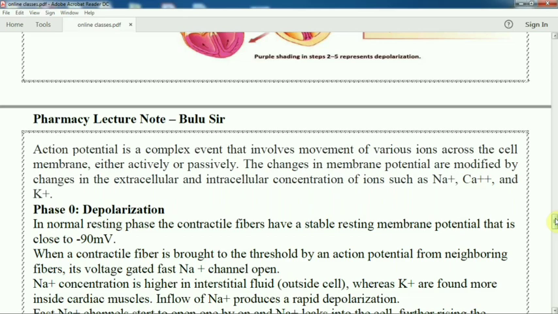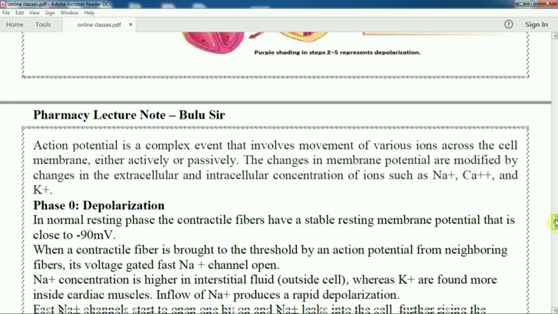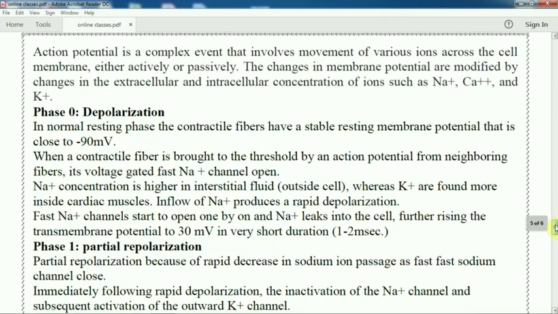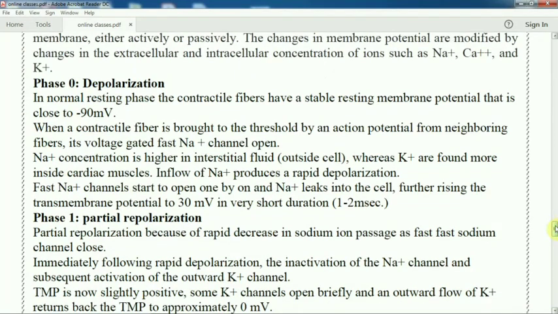Again, what are the stages? Phase 0, that is the depolarization stage. In the normal resting phase, the contractile fibers have a stable resting membrane potential of nearly minus 90 millivolt.